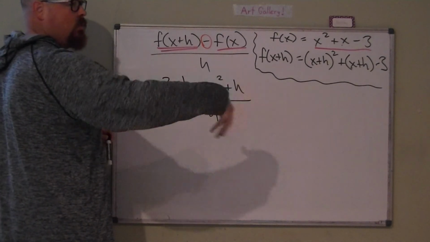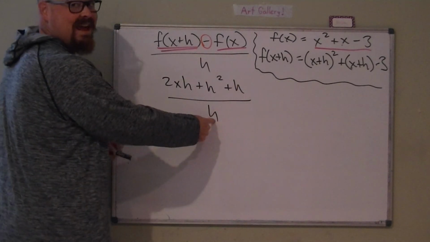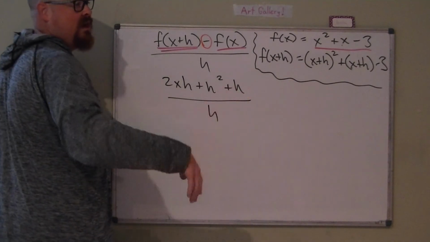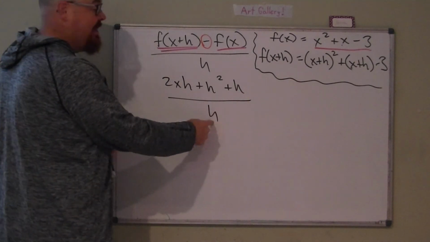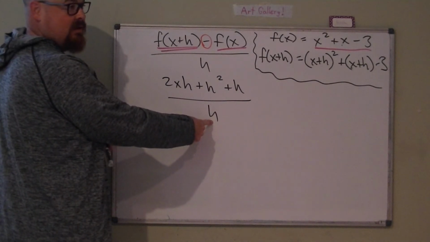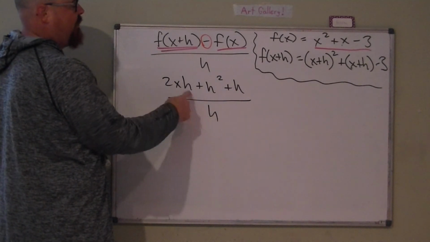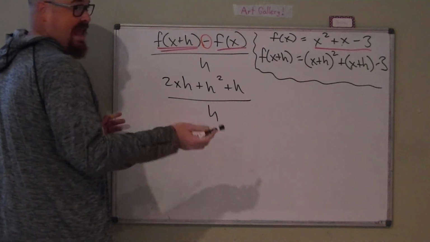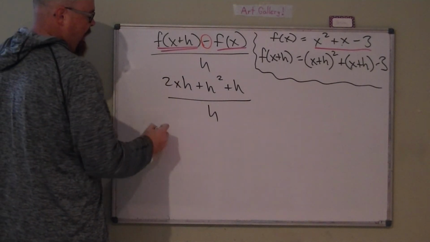And when we start talking about limits, this is going to end up being 0. I'll ruin the ending for you, but we'll learn about that more in May. This is going to end up being 0. So what we want is to be able to cancel this. And the only way we can cancel this is if we can factor it out of the numerator. And we can, because every term in the numerator has an h.